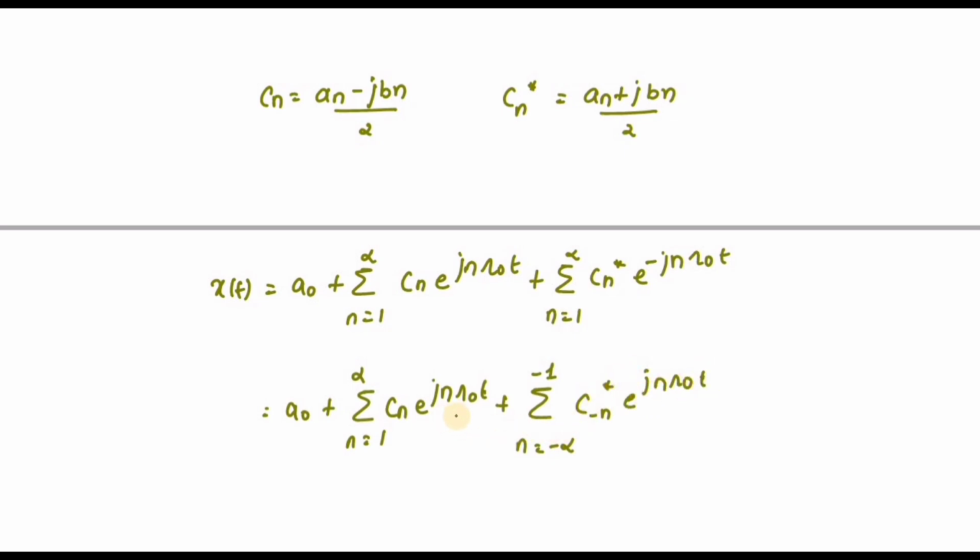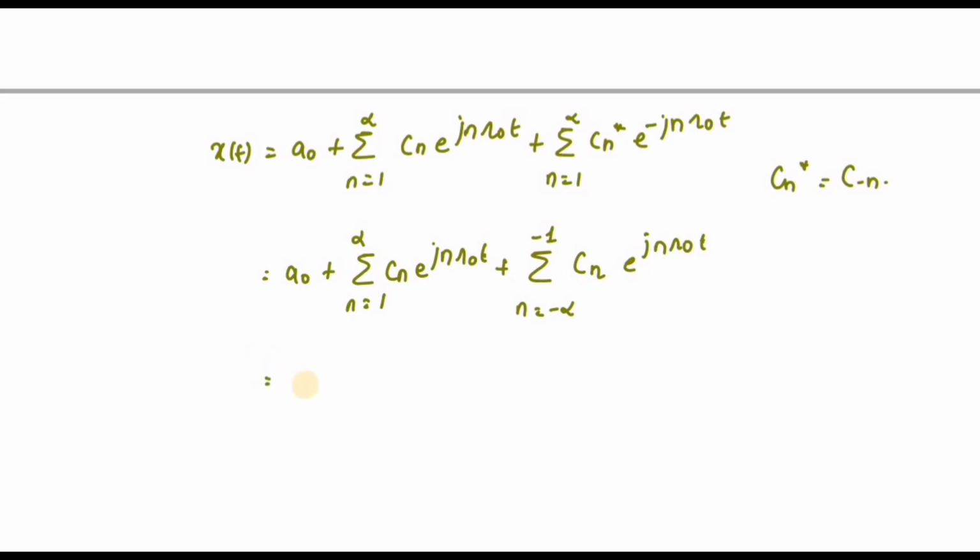So now you can see, cn complex conjugate is nothing but c of minus n. So this becomes c of n.